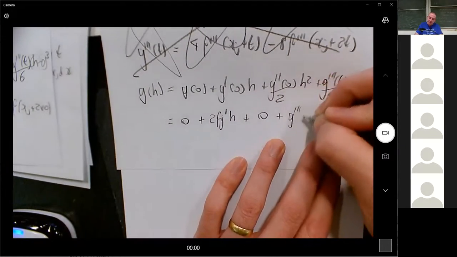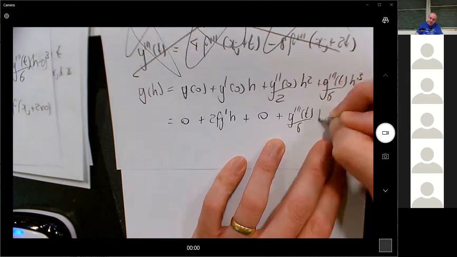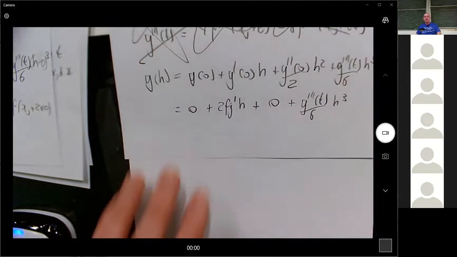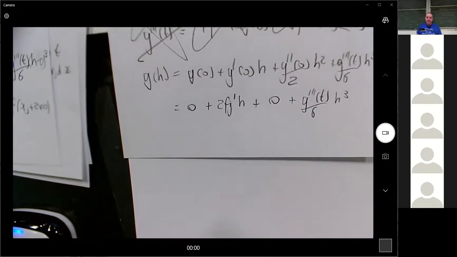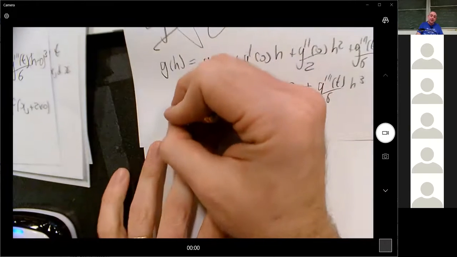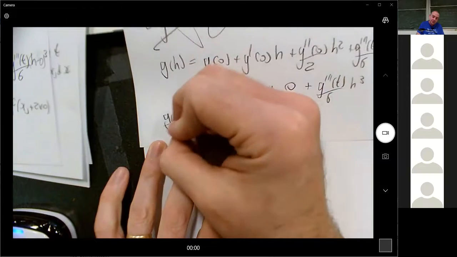Plus g triple dashed of t on 6 times h cubed. All right. So doing well. And so now I'm going to divide everything by 2h.